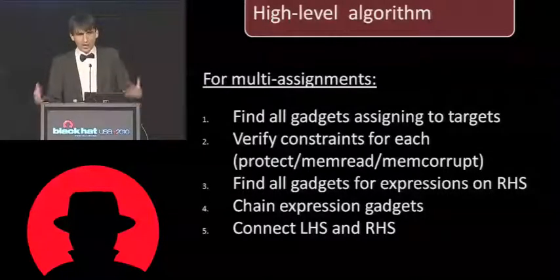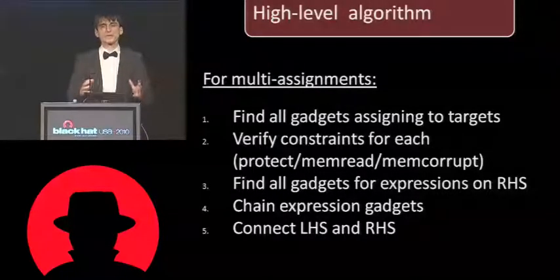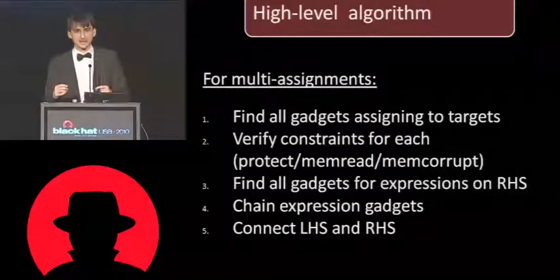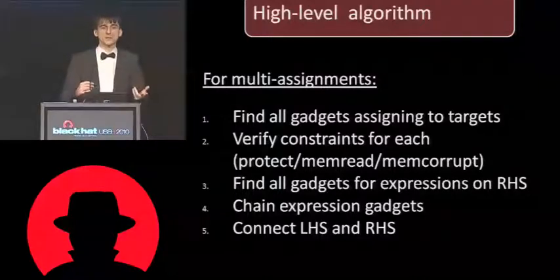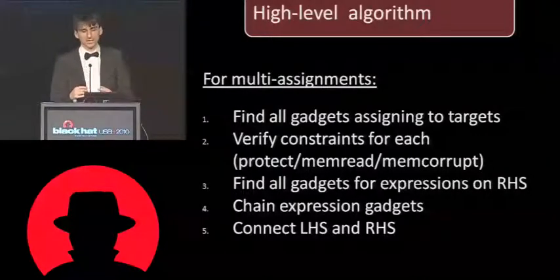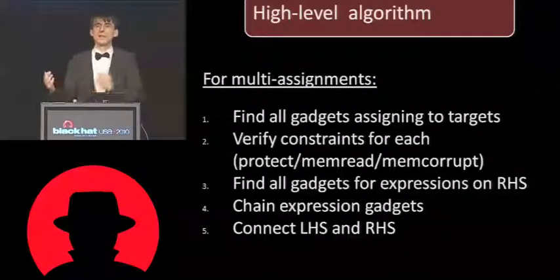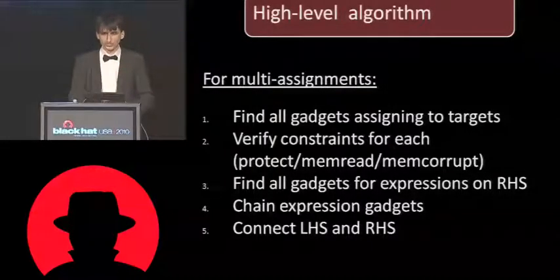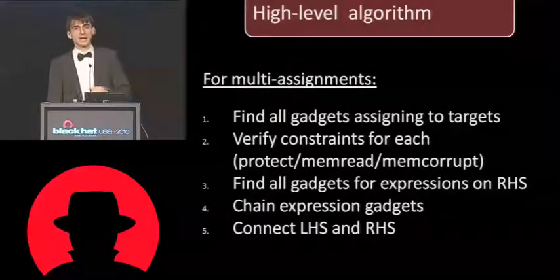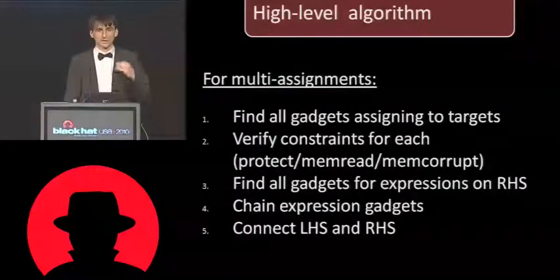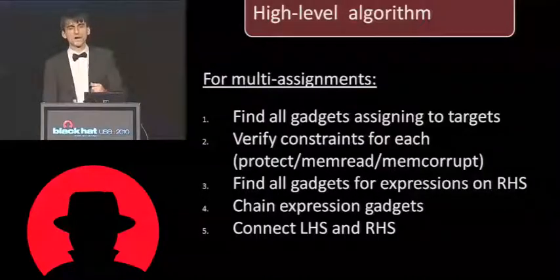So why is that necessary? For instance, you may have the case that you always have gadgets that, whenever they compute an addition into the register R0, clobber the value R1. On the other hand, you need to assign the register R1 to a value.